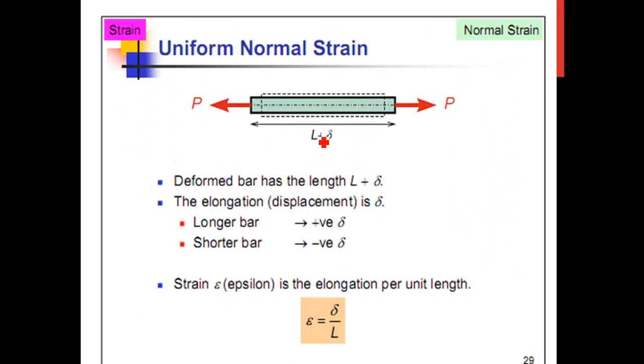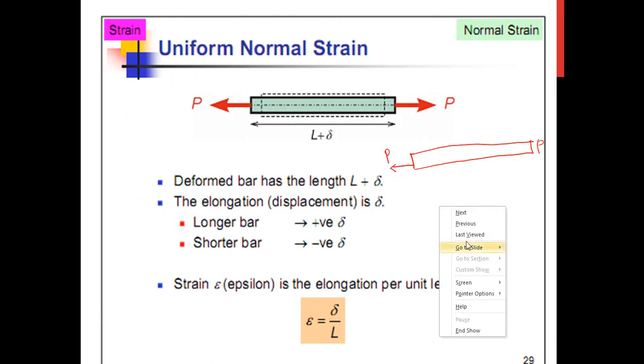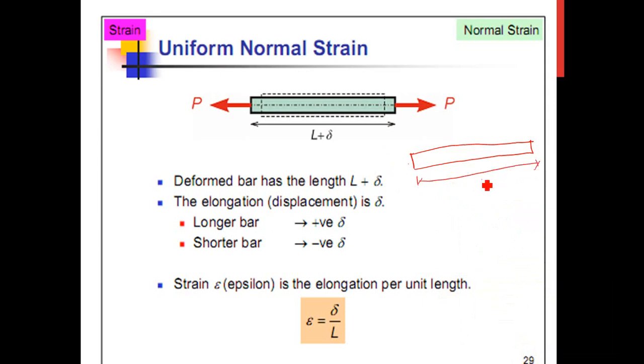If you look here, let's say we have a bar with the length of L. So L is the original length of the bar, and then the bar is subjected to load P. The same bar here is subjected to the load P, so what happens is the bar will deform, with a certain value of elongation.